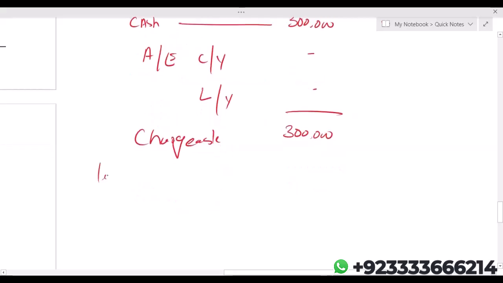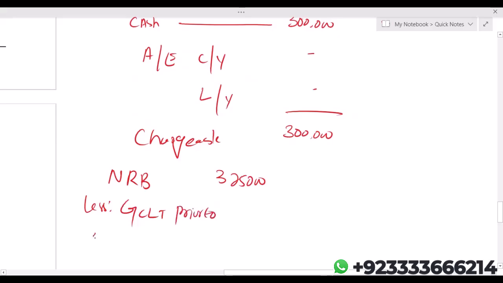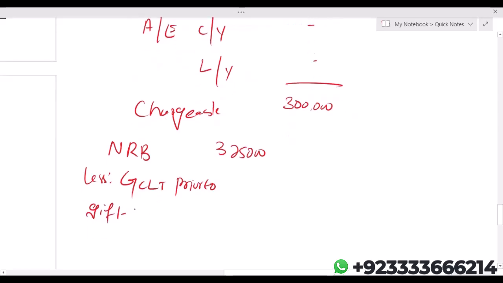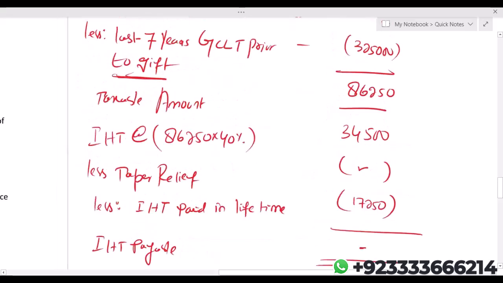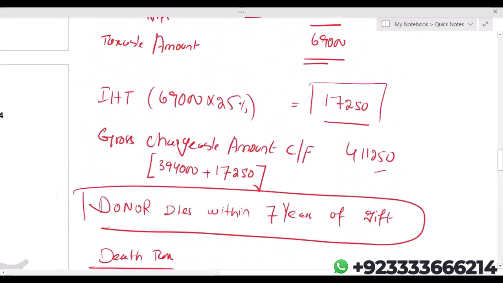Okay. Now, nil rate band again: 325 less gross CLT prior to gift in last 7 years. We do have a gross CLT prior to this gift, and the amount of that gross CLT is 411250.